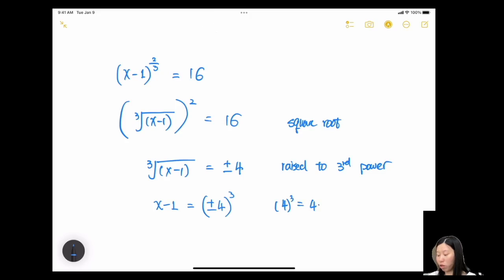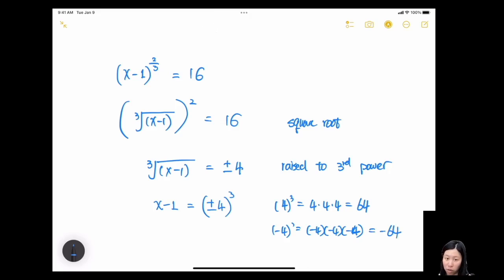It equals 4 times 4 times 4, which is 16 times 4, which is 64. But for negative 4, we have negative 4 times negative 4 times negative 4. That gives you a negative number, so you have negative 64.